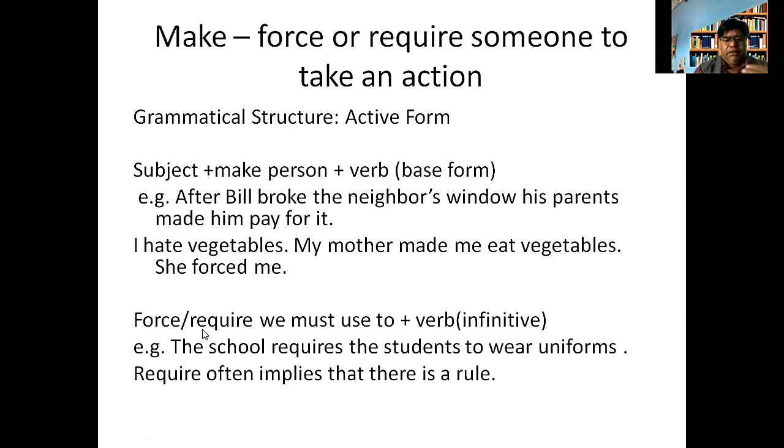But when we use force or require directly, we must use the to-infinitive. For example, the school requires students to wear uniforms. Require often implies that there is a rule.